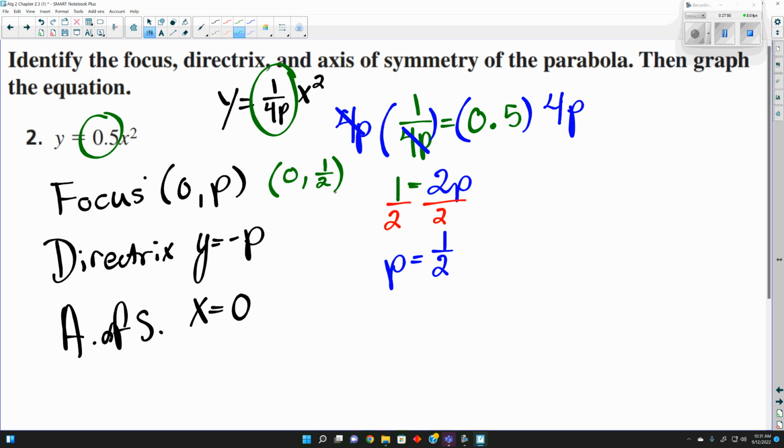Because if the p value was, say, 2, the equation would look something like this here.